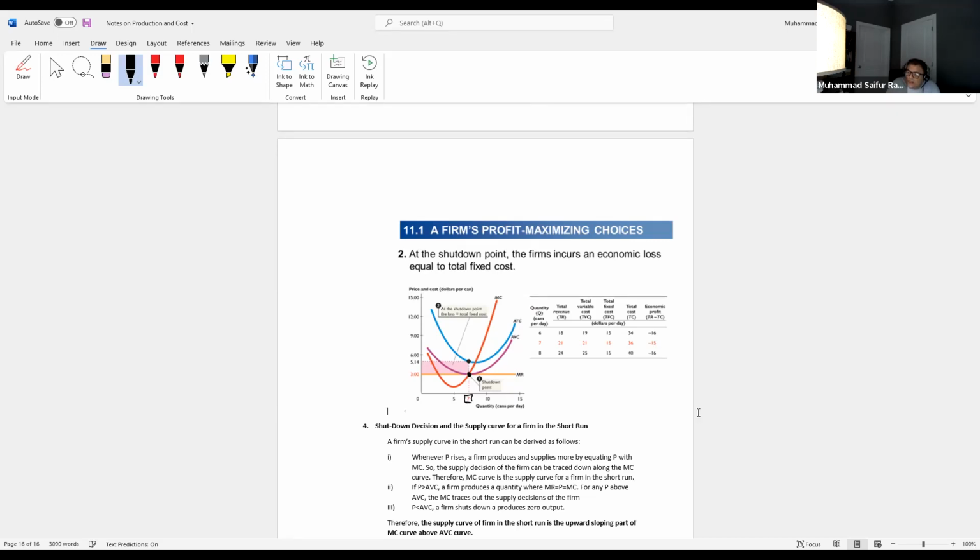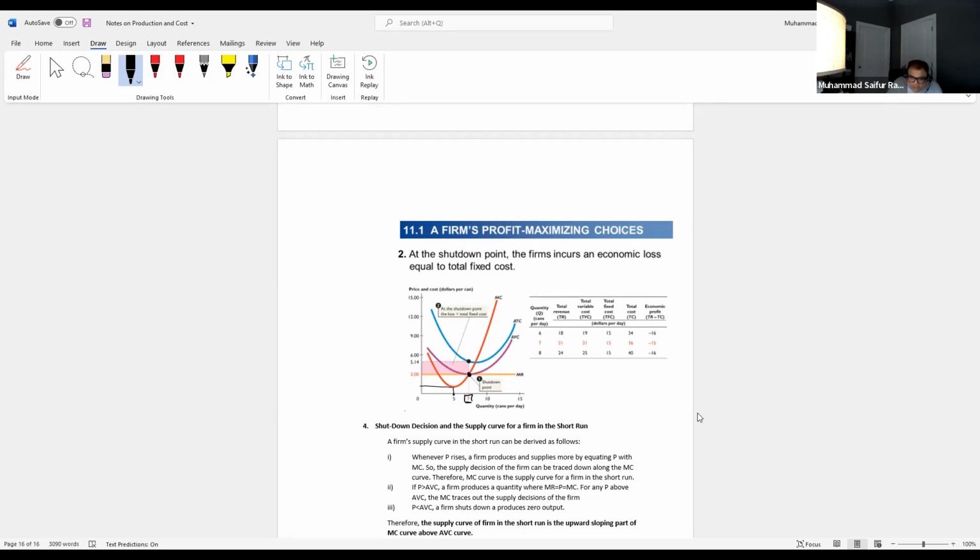So 7 is the minimum amount of output our firm will produce. Our firm will not produce 5 units because at that output level, notice that your marginal cost is lower than marginal revenue, so the equilibrium condition is not really being met.